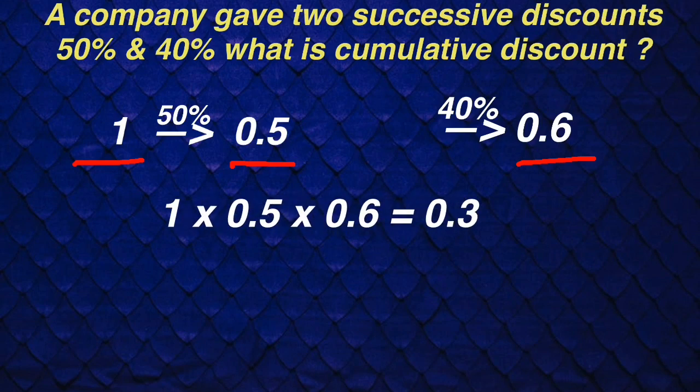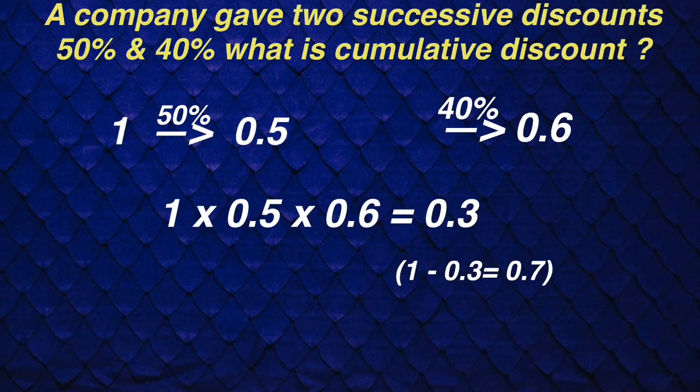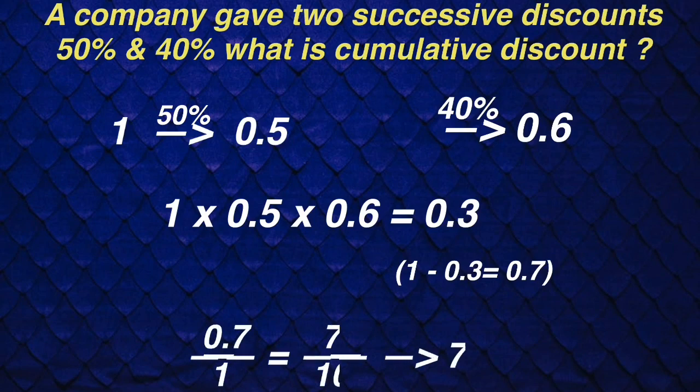So a shirt of 1 rupee we get for 0.3. 1 minus 0.3 is 0.7, which means we get 0.7 rupees as discount on 1 rupee. Convert to percentage: 0.7 by 1 into 100 by 100 is 70 by 100, which is 70%.